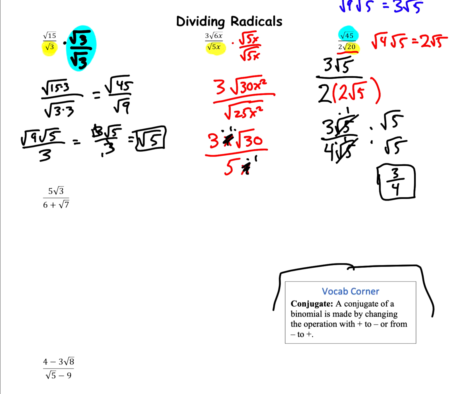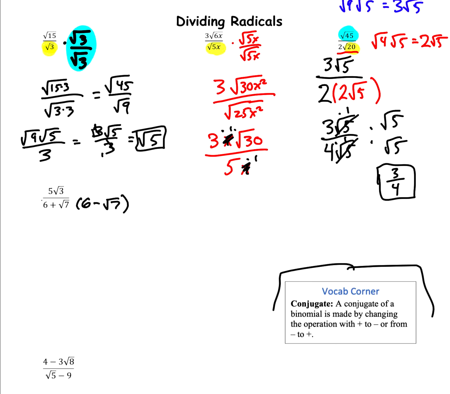So the conjugate of a binomial, 2 terms, is made by changing the operation from adding to subtracting or subtracting to adding. So if you look at our denominator here, we have 6 plus radical 7. So our conjugate is going to be 6 minus radical 7.